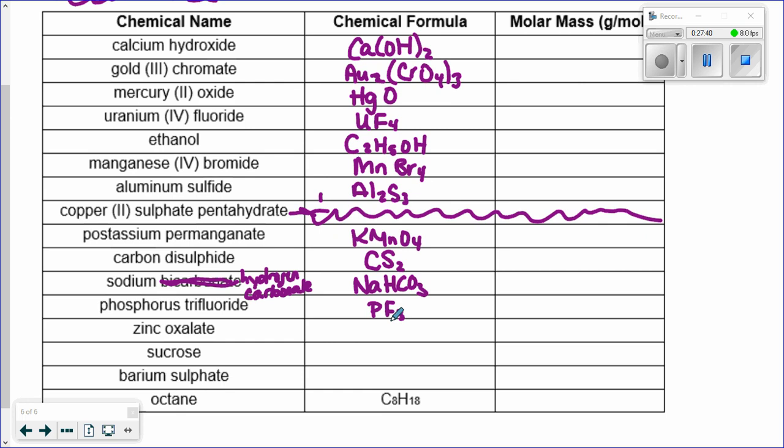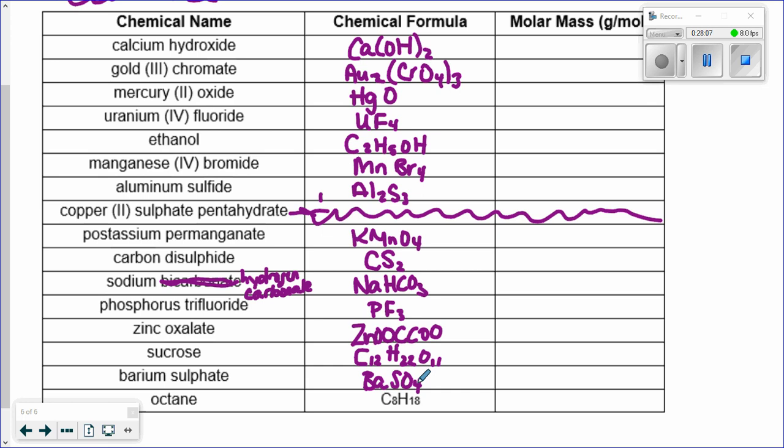Yes, it is. Good. Is ZnOOCCOO. Oops, 2 O's. Sucrose is C12H22O11, again another one of your memorized ones. And barium sulfate is BaSO4.